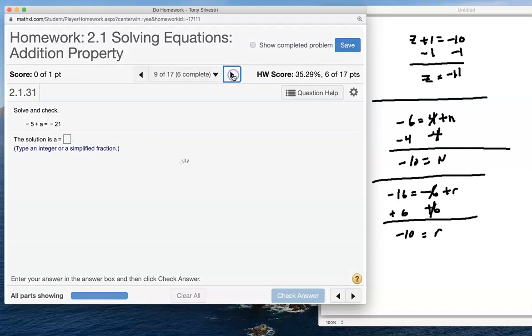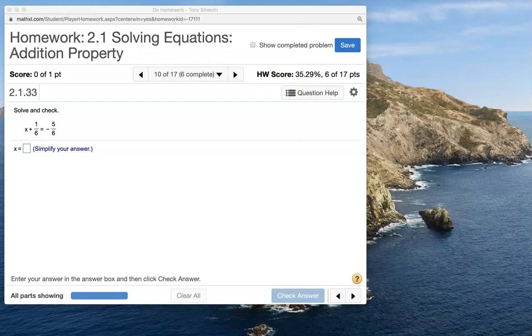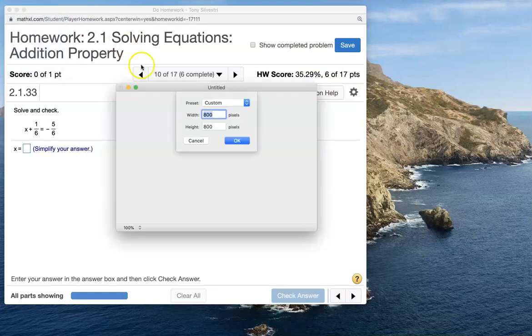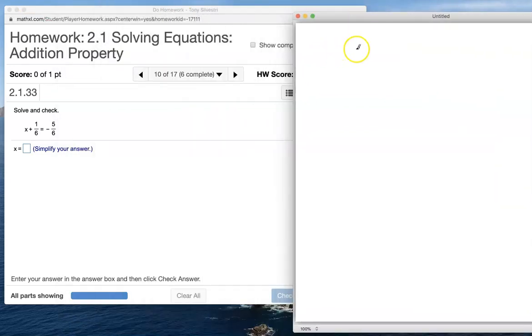Okay, let's do fractions. You got a few that I skipped, only because based on what I just did, you do the same thing over and over. With these fractions, you have the same technique, but the only complication now is you have to deal with fractions. x plus 1/6 equals negative 5/6.